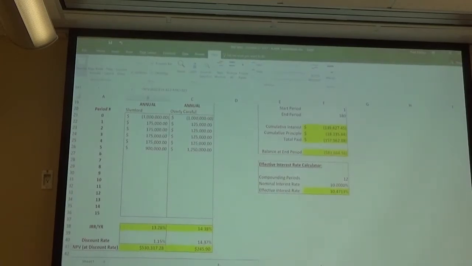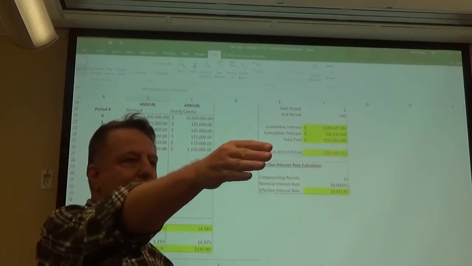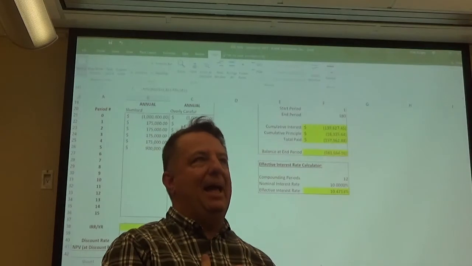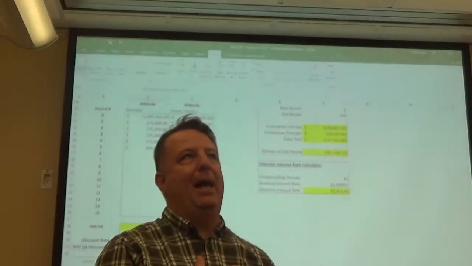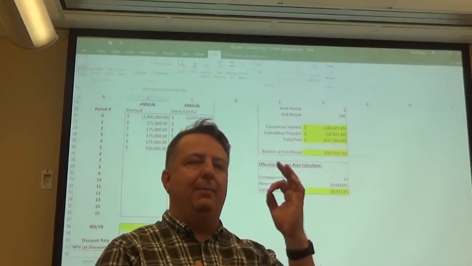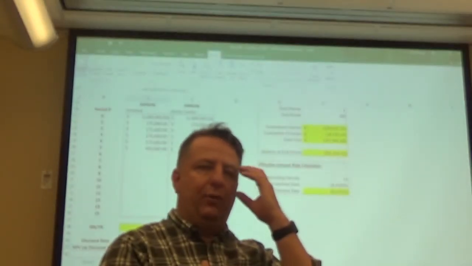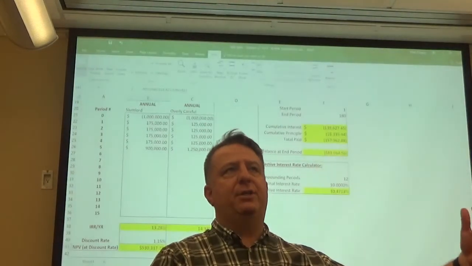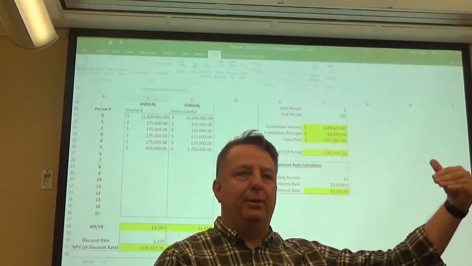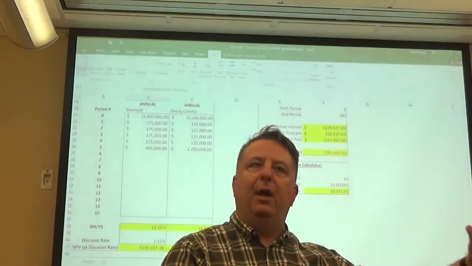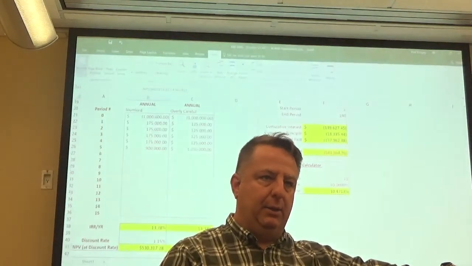Because here's why the hurdle rate matters. It's not just that you want to pay yourself back. You may also want to pay back, it's not the mortgage, but from an investment perspective, you're wanting to pay yourself back an appropriate rate of return commensurate with all the risk that you've undertaken.